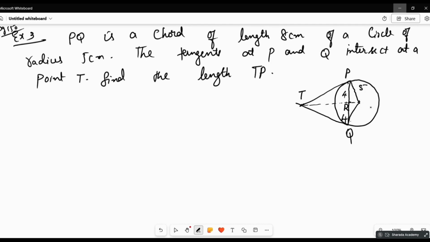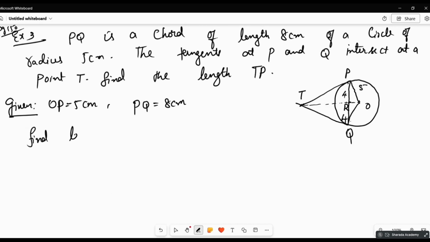Okay, so what is given here? OP is equal to 5 centimeter, PQ is equal to 8 centimeter. So you have to find length TP. Okay, so proof.